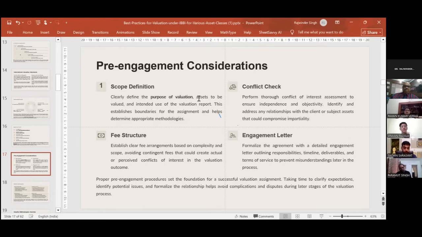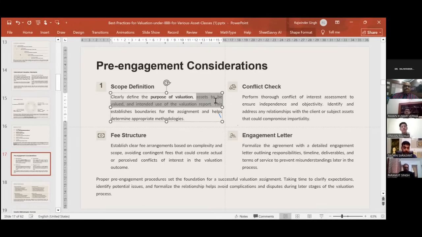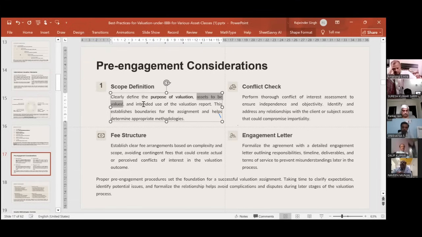And then, the second thing you have to check is the assets to be valued. First, you choose the purpose of valuation. Then, the second thing you have to check is the assets which are to be valued. And the third thing, the intended use of the valuation.